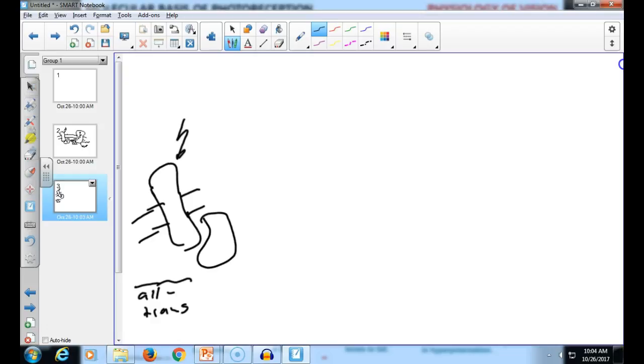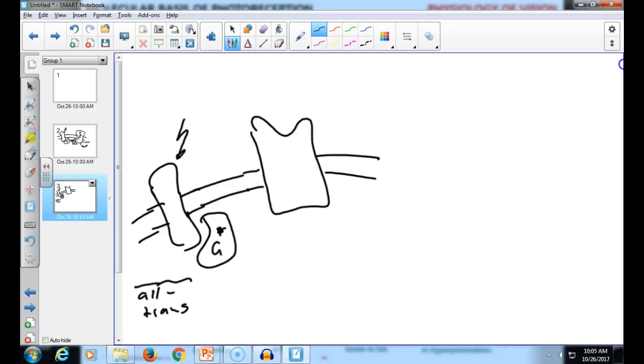What happens to the G protein that is bound to opsin? Opsin changes the conformation, G protein gets activated. Activated G protein, what does it stimulate? You can say enzyme. I'm fine with that so far. Enzyme. You will learn the name later. Phosphodiesterase.